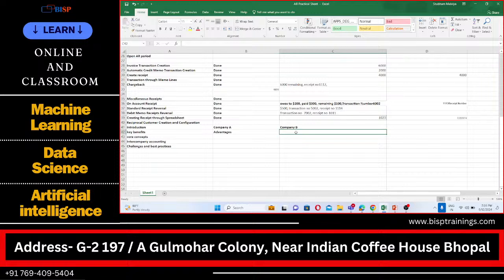Advantage number one is simplified payment and reconciliation. Instead of issuing multiple payments or collections, the two companies can offset what they owe each other.